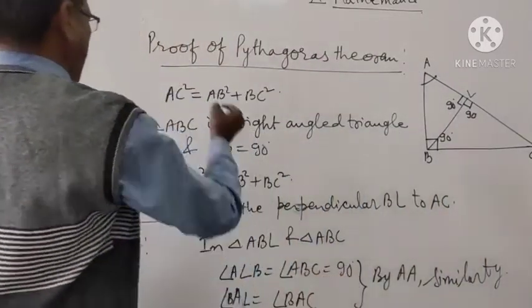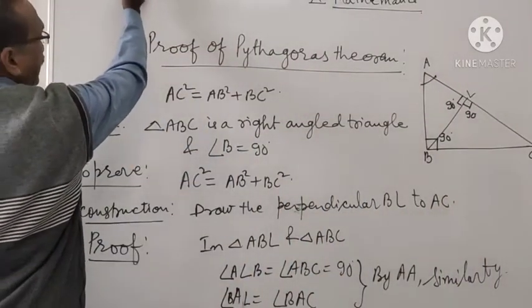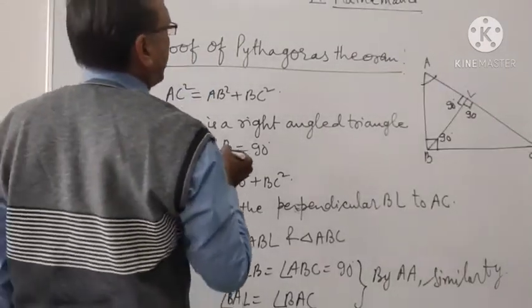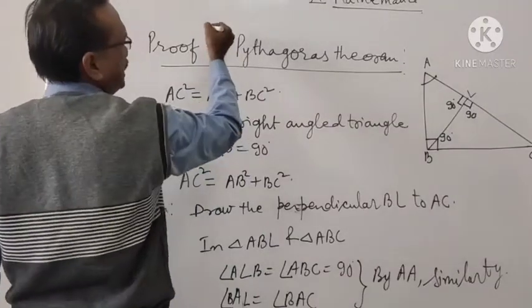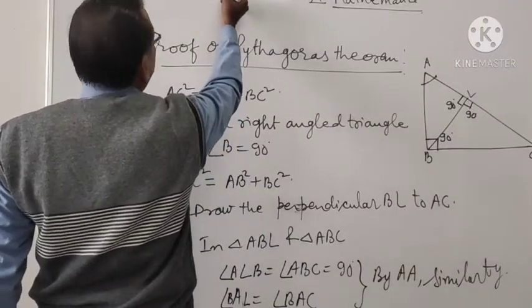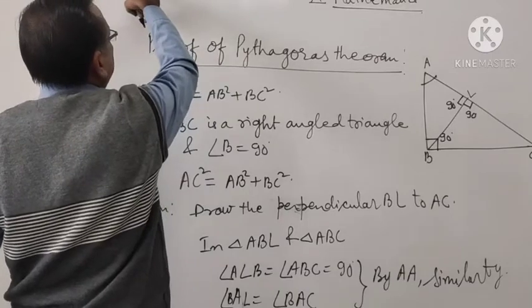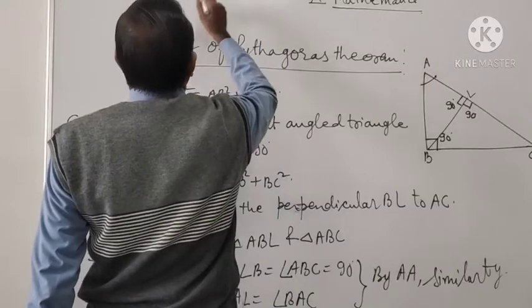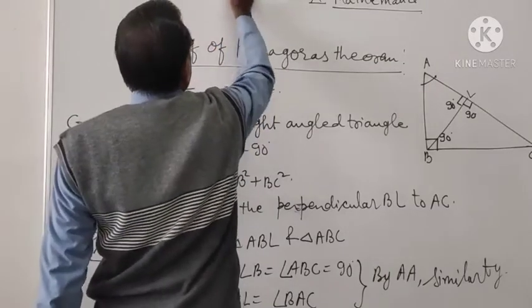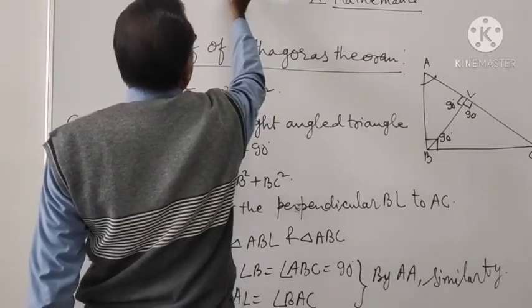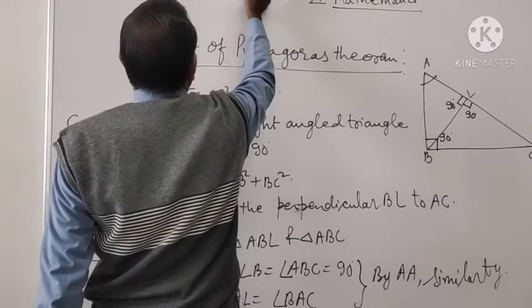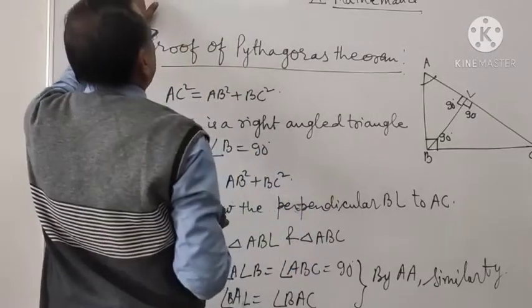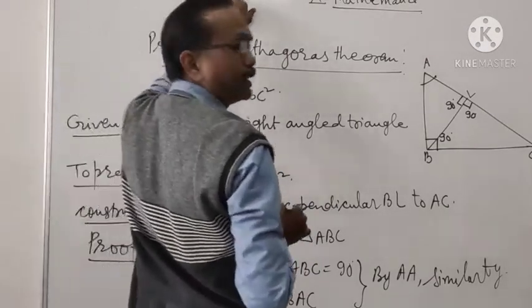triangle ABL is similar to triangle ACB. Because angle L is 90, angle B is 90, and A is common, so angle ABL equals angle ACB.